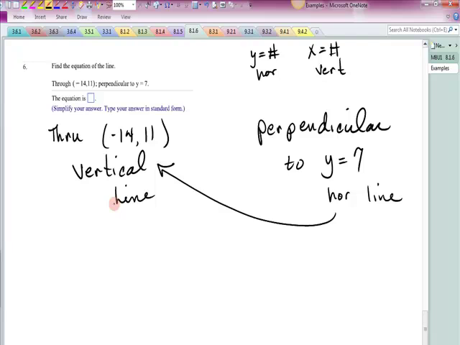If my line is vertical, then it is x equals a number. x equals, well, just grab the x coordinate, negative 14. Now, it does want this in standard form, and this is standard form for a vertical line.